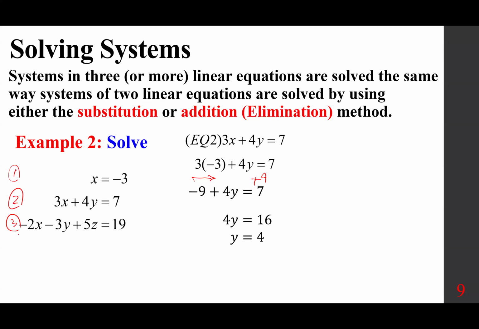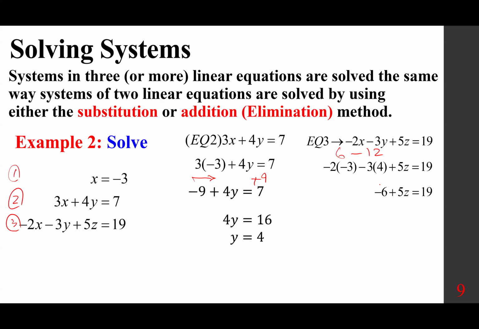And now we put that in equation number 3. We have the x, we have the y. We can find the missing z. -2 times -3 is +6, minus 12 is -6.